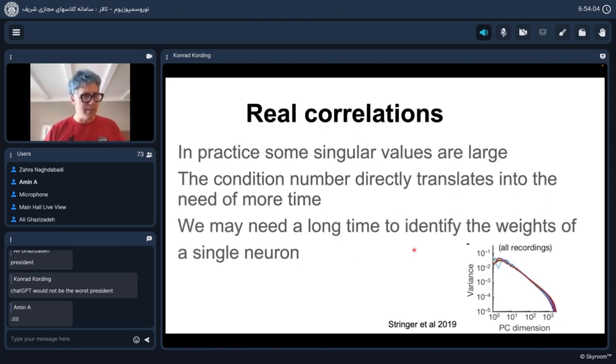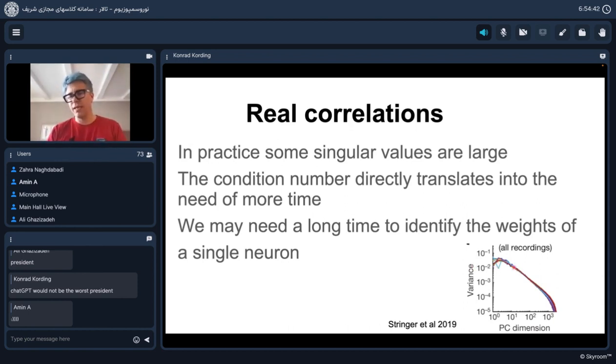What we find is, there are many names for that, but if we apply dimensionality reduction to neural data, we find that there are some dimensions with very large singular values and a lot of dimensions with very small singular values. So here you can see, for example, a figure from a Stringer et al. paper, where you have the index of the principal component on this axis, and on this axis, you have the variance that they explain.